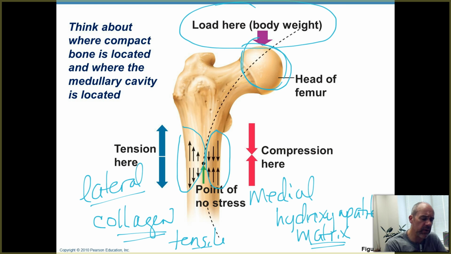And the other thing they're showing you here on this diagram, so you've got all this compression going on over here and tension or stretching going on over here, and those forces are occurring in opposite directions. So in the middle, you really have no stress on the bone. Those forces cancel each other out there in the center. And so think about where your medullary cavity or your marrow cavity is located.